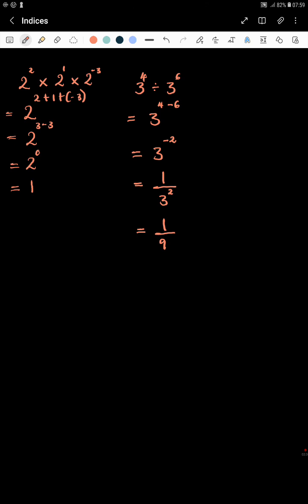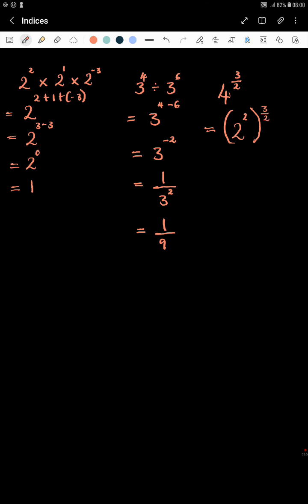Let's say we have 4 to the power 3 over 2. This is how you can do this question. You need to simplify 4, and 4 is equal to 2 to the power 2. So it's 2 to the power 2, all to the power 3 over 2.